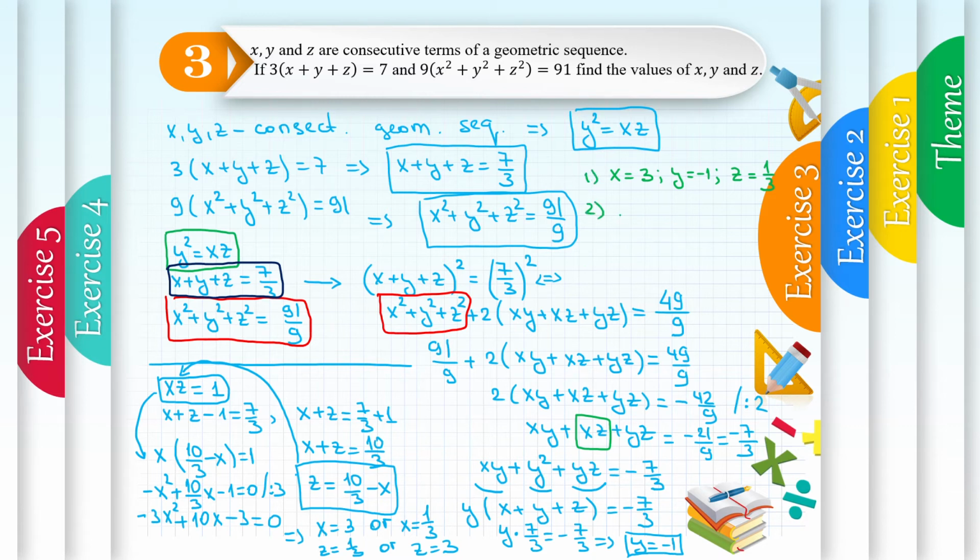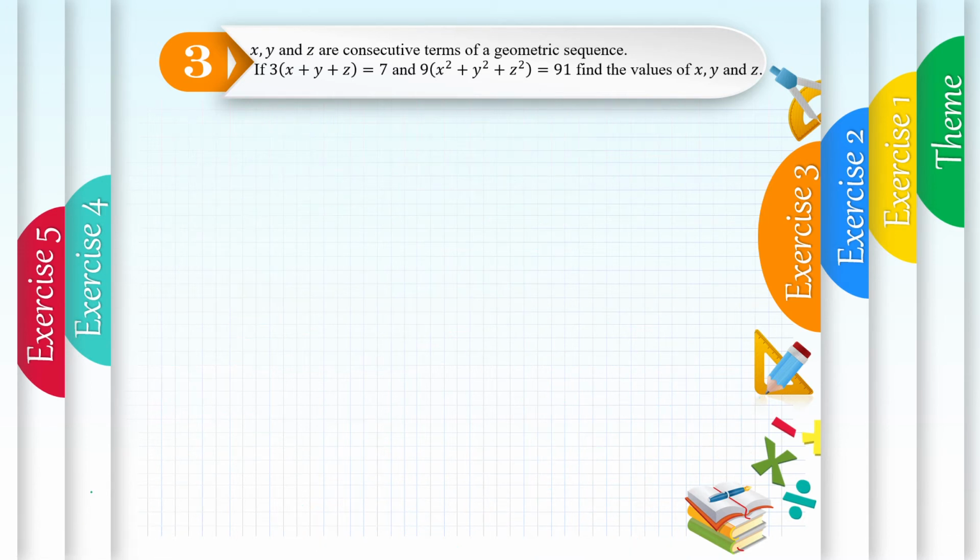The second answer: x equal to 1 over 3, y equal to minus 1, and z equal to 3. So we have another geometric sequence with the common ratio equal to minus 3. And this was the third exercise.